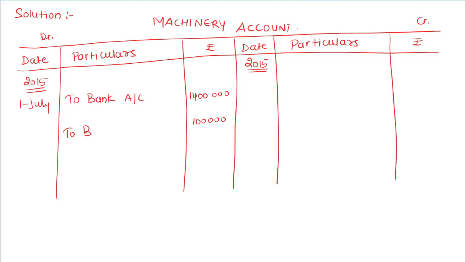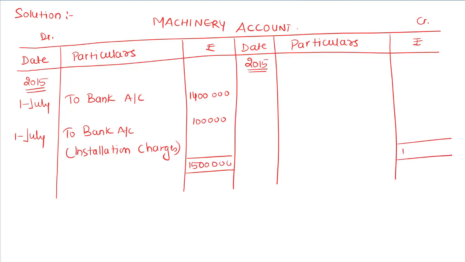So, to bank account, the installation is to be capitalized. Installation charges. Date would be same, 1st July. Let's do the totals quickly. Total says 15 lakhs.